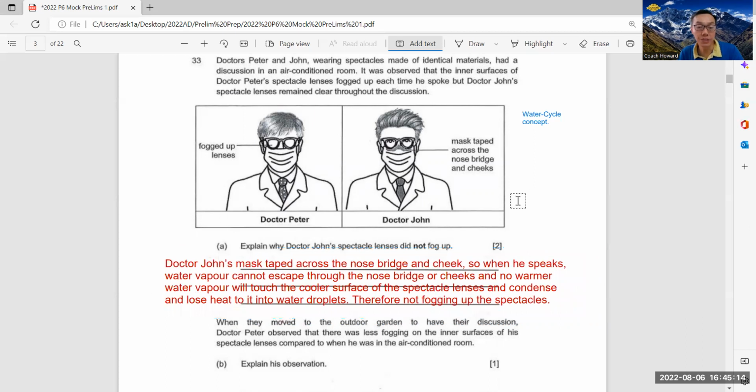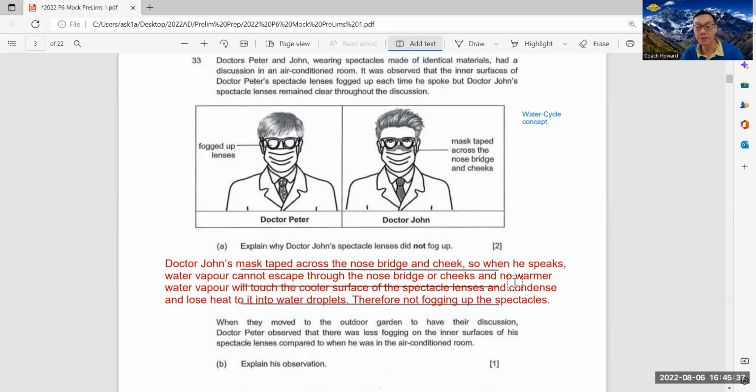Dr. John's mask was taped across the nose, bridge, and cheek. So when he speaks, water vapor cannot escape through the nose, bridge, or cheek. So no warmer water vapor will touch the cooler surface of the spectacle and lose heat and condense into water droplets.